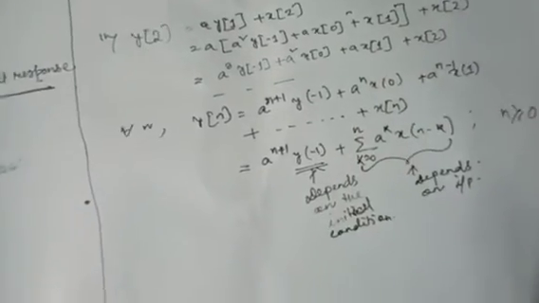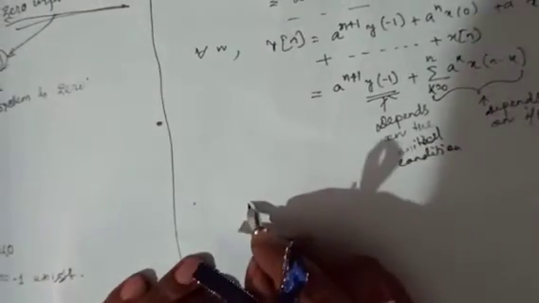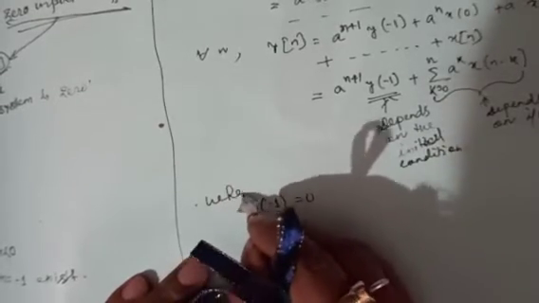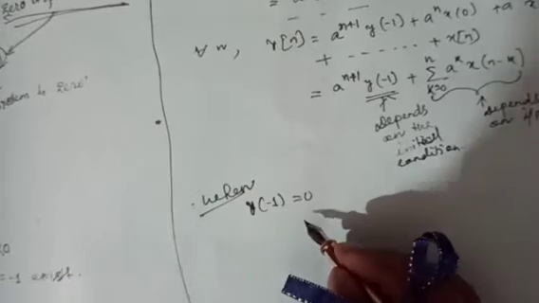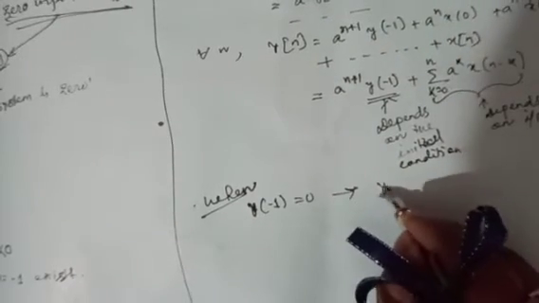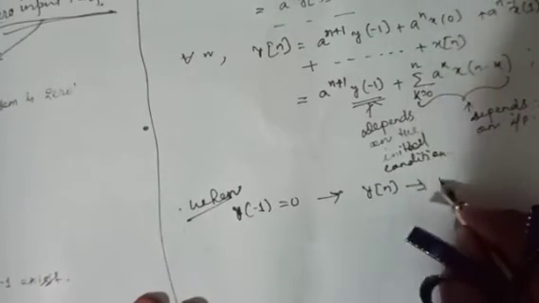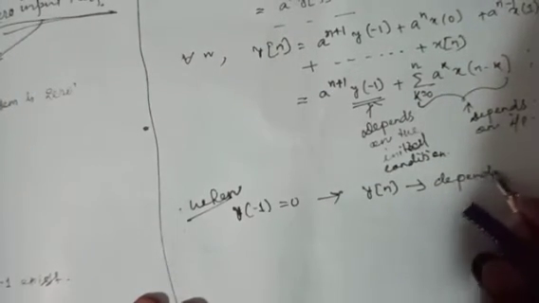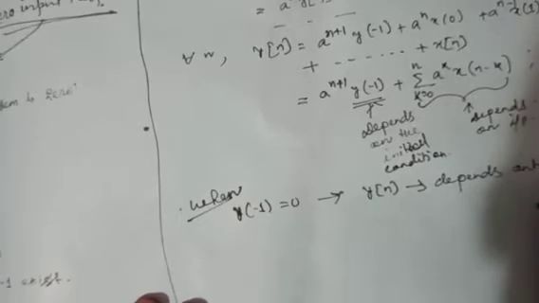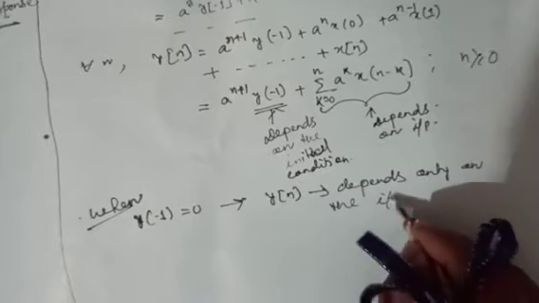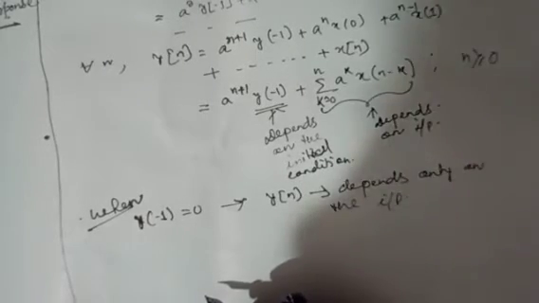Now suppose y of minus 1 is 0. Then the output y of n depends only on the input applied.